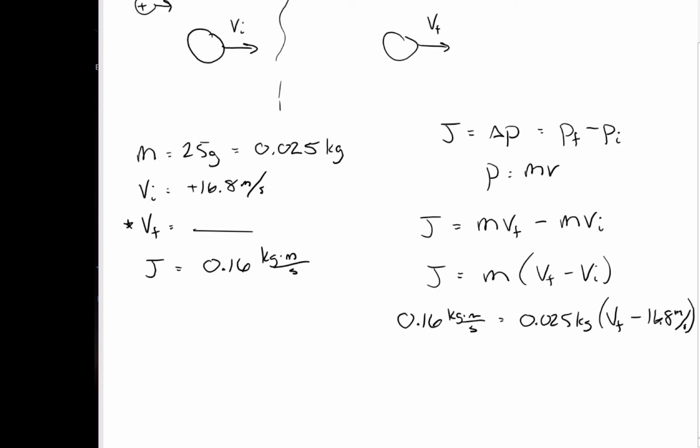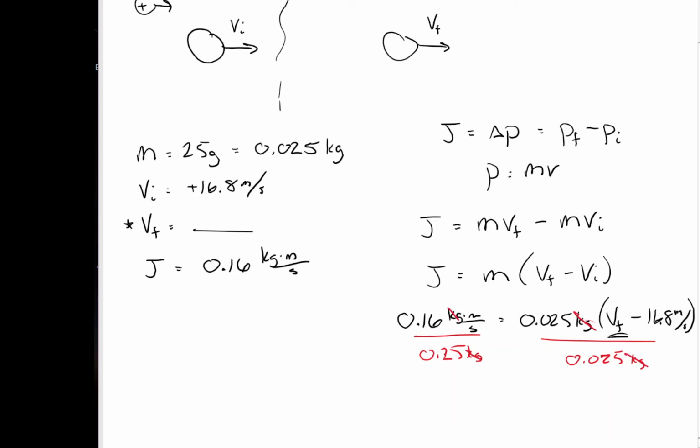Now we just need to do a little bit of algebra. Really now we're solving for V final. Let's divide both sides by the mass of 0.025 kilograms. Again, notice our units will cancel.